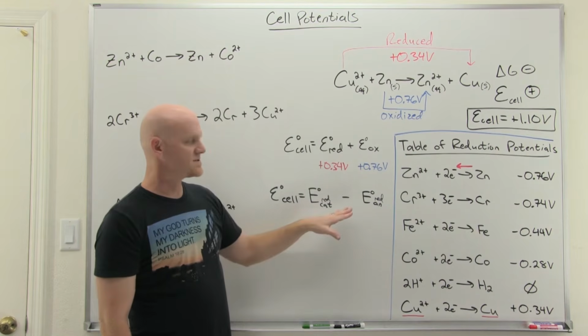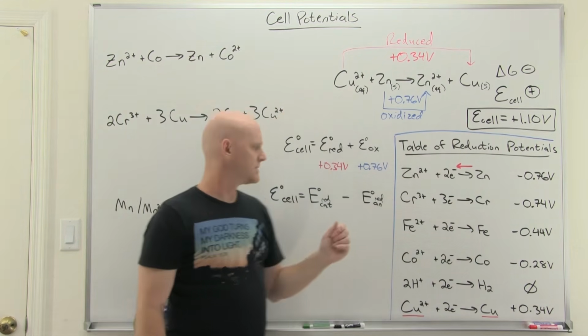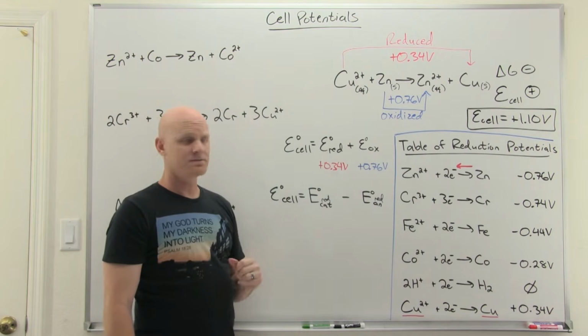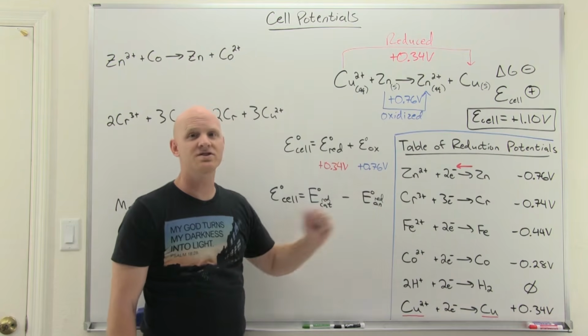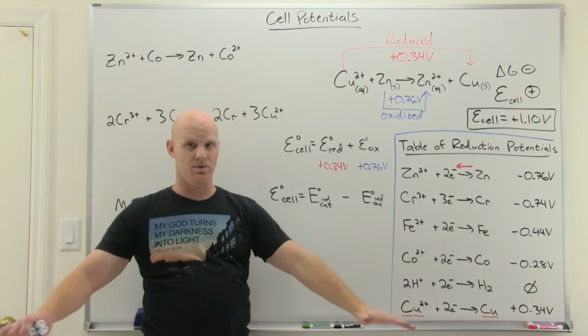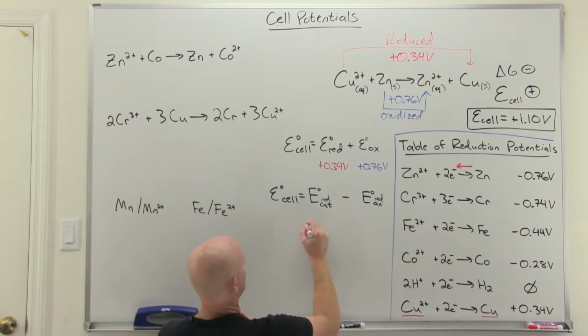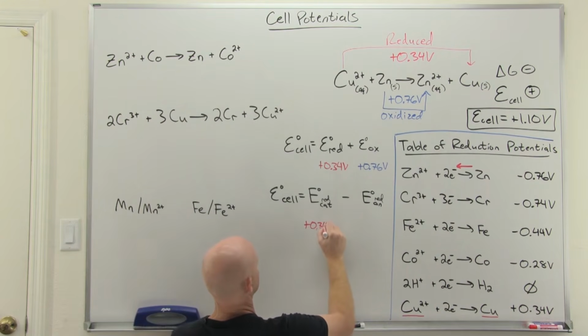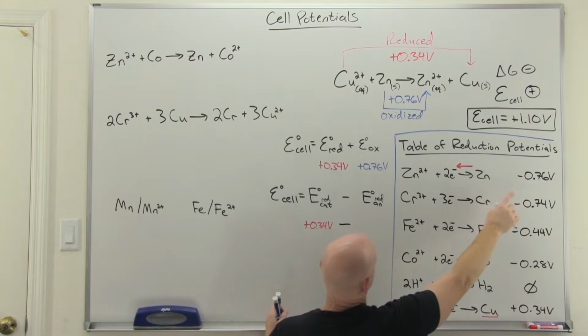What they're essentially saying here though, is never change the signs on these. We're going to change it for you by subtracting. Notice we added up here, but they're saying the subtraction will change the sign on the one that needs to be changed for you. And so the way they would perform this calculation is they'd take the positive 0.34 volts and they would subtract the value right off the table for zinc.